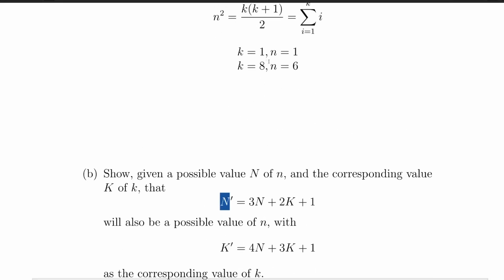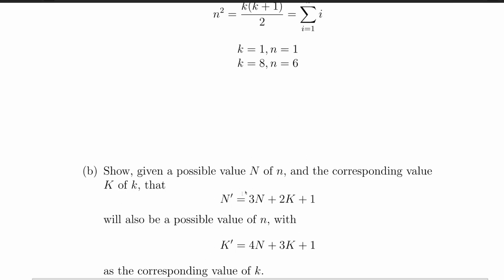So if you plug in k equals 1 here and n equals 1 here, you get another value of n which satisfies it, which is 6 in that case, and k equals 8. So yeah, you could sort of cheat there, but this part basically tells you to show that this is true.